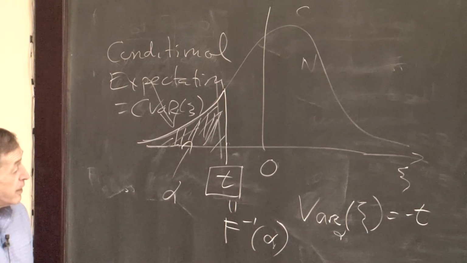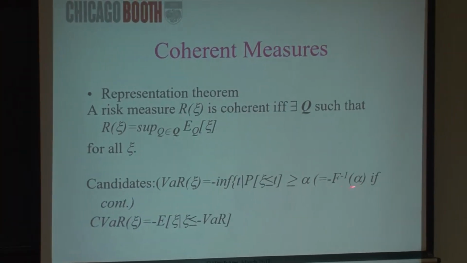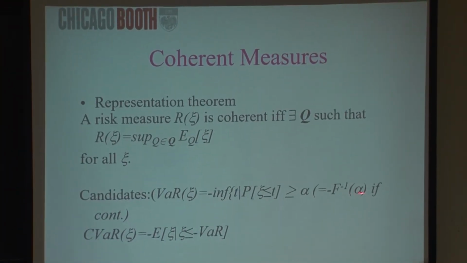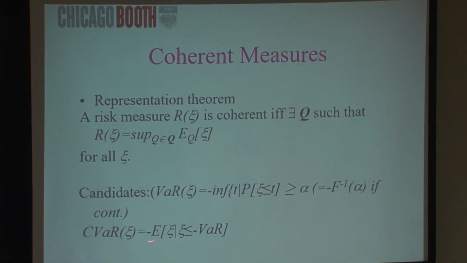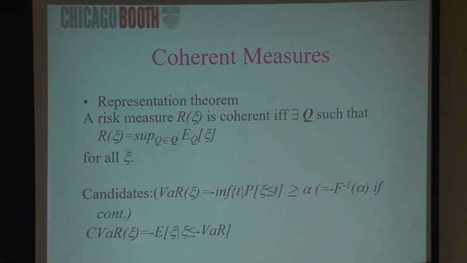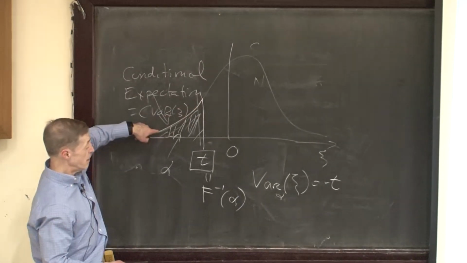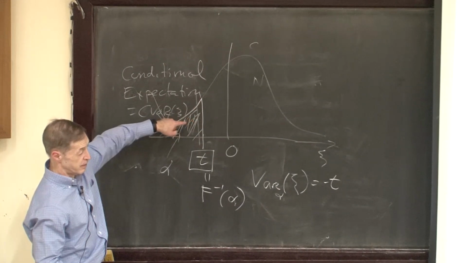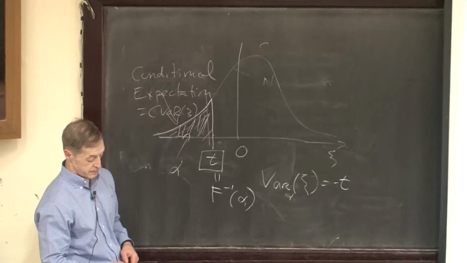So I have a measure here, which is like this alpha quantile, and I have this other measure here, which is the integral over that alpha tail.